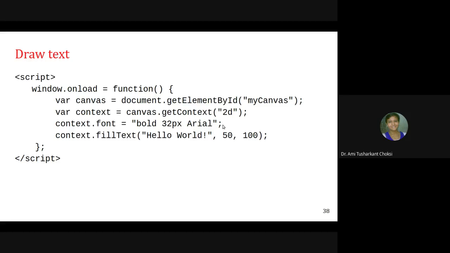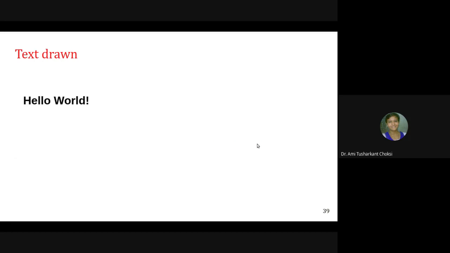What we have specified is font name, its size, and whether it is bold or italic or underline or whatever it is. These three things we have specified. After that, context dot fill text, that is hello world at 50 and 100 location. What we get if we are having this, we can see this one, that is hello world.